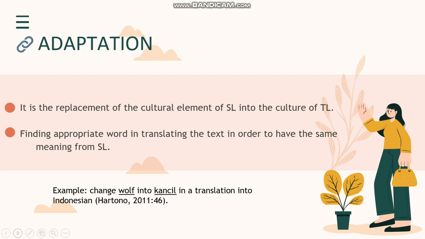It also needs finding an appropriate or suitable word in translating the text, in order to have, as much as possible, the same meaning in the target language as in the source language. Here we have an example: changing the word wolf into kancil in a translation into Indonesian, because there the kancil is described as a smart animal.